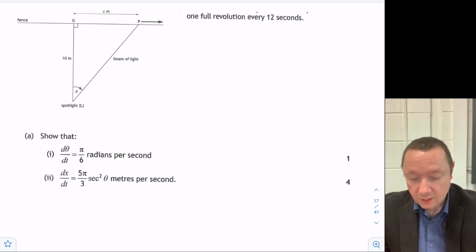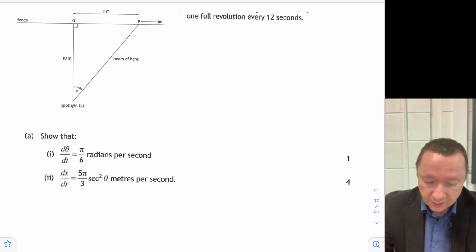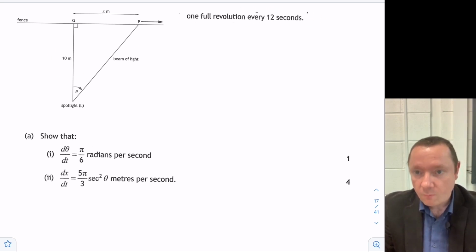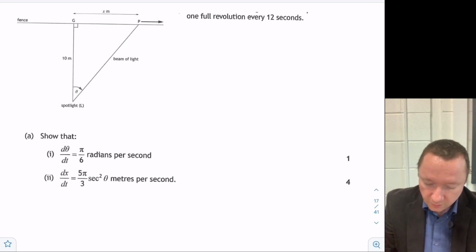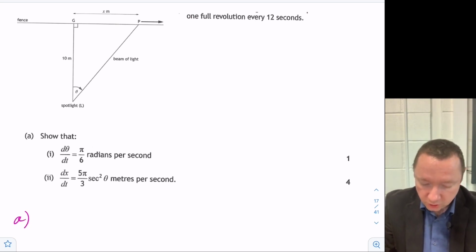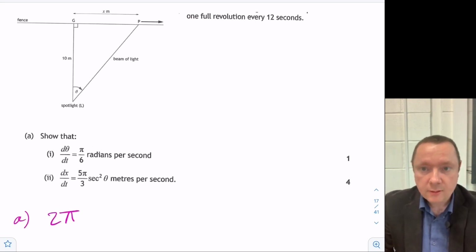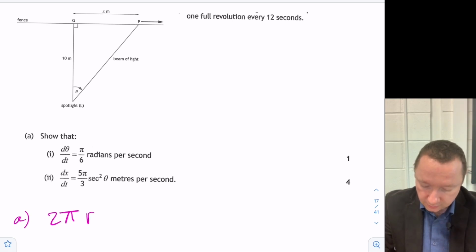So for question A, I've copied and pasted the relevant bits of the information, the diagram itself, and the fact that we've got one full revolution every 12 seconds. So for part A, we've got one full revolution, so 2 pi radians every 12 seconds.